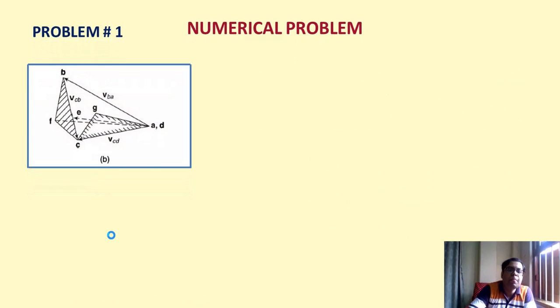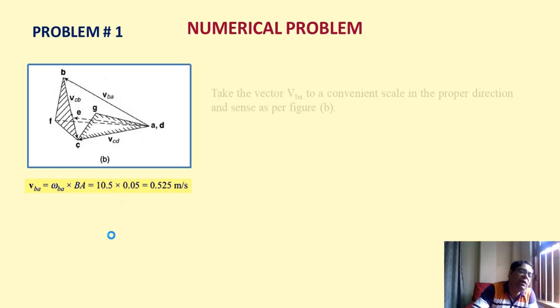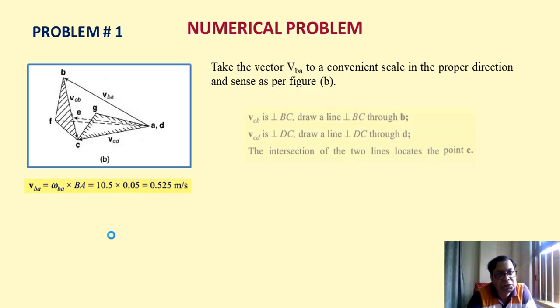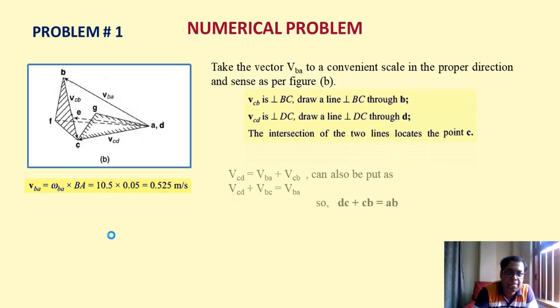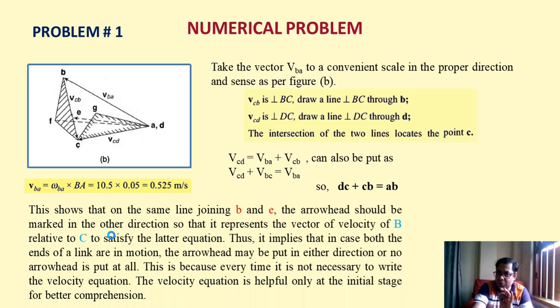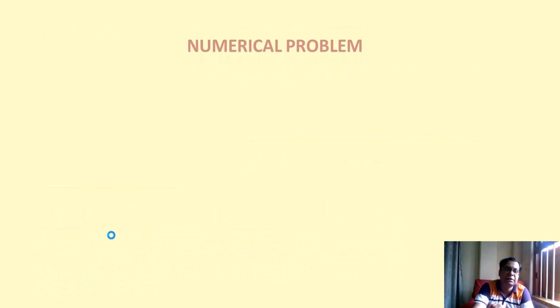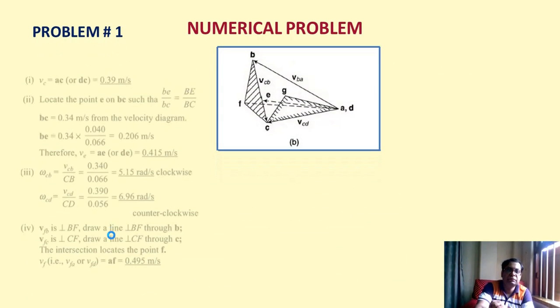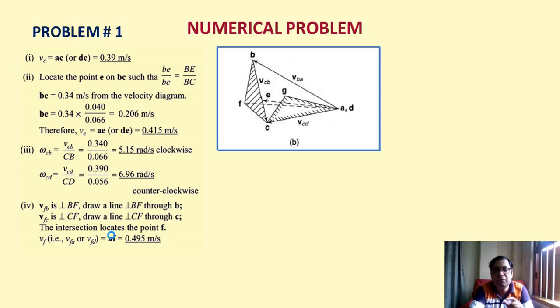So first of all, we can draw the velocity diagram surely, just like this. Then how the velocities are analyzed, that also I have shown over here. It is also very simple. And then we have to find out the exact value of the velocity components simply by solving by this method.